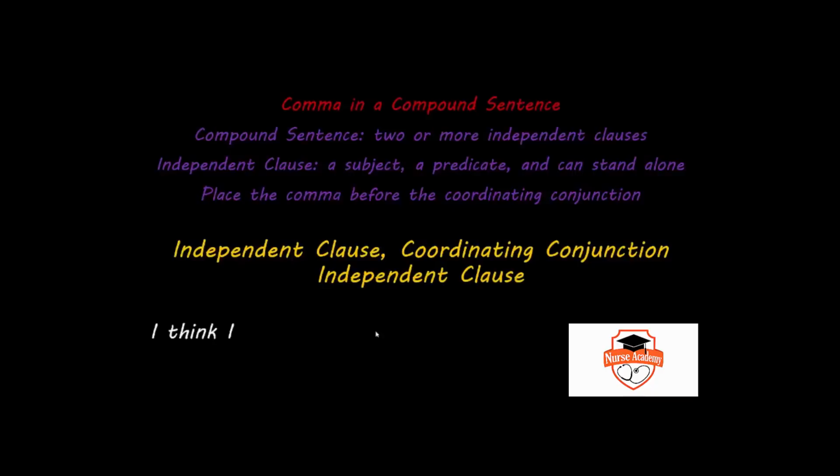An example of this would be, "I think I will eat the salad, or I will share the pizza." In this instance, we have an independent clause, a comma, your coordinating conjunction, which is "or," and your other independent clause, which is "I will share the pizza." So remember: independent clause, comma, coordinating conjunction, and then your independent clause again.